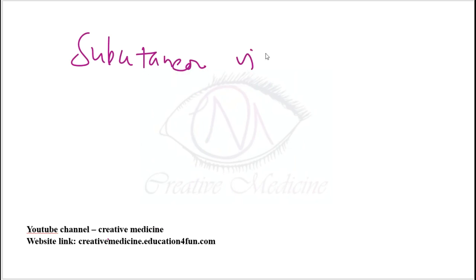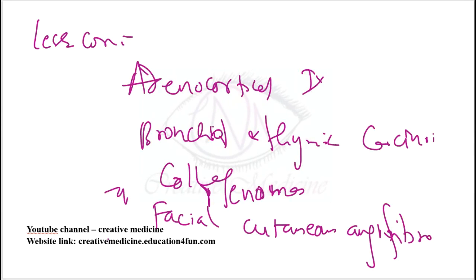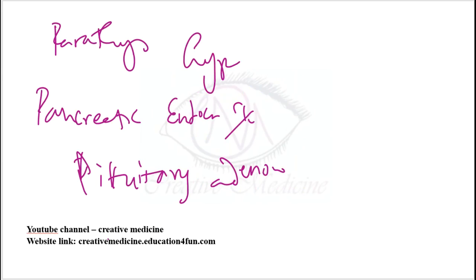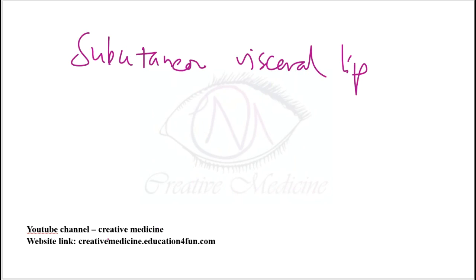So what are the less common lesions which you see here? Adenocortical tumors, bronchial and thymic carcinoids, collagenomas, and facial cutaneous angiofibromas, along with subcutaneous or visceral lipomas.